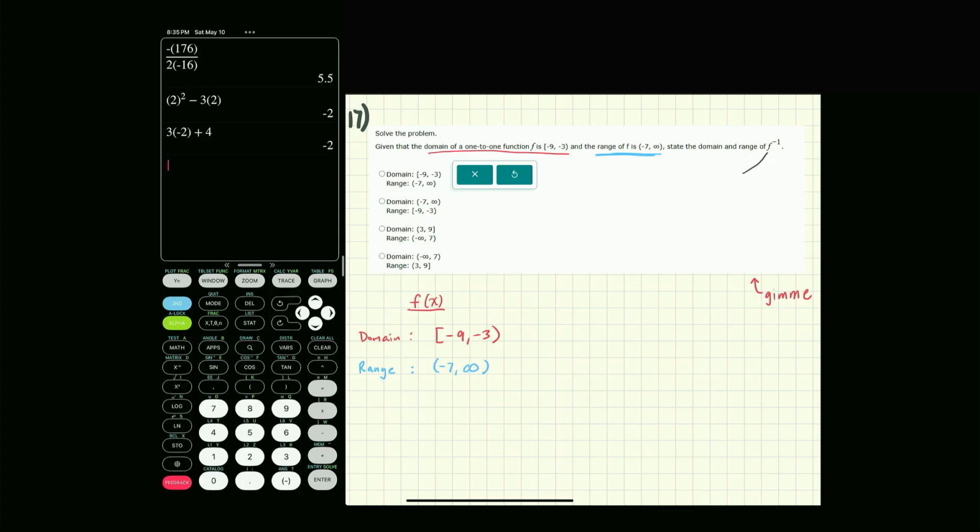The thing with inverses is that the x and y values just swap. Same with the domains and ranges. The domain of the original function becomes the range of the inverse, and vice versa. So our inverse function is going to have a domain.